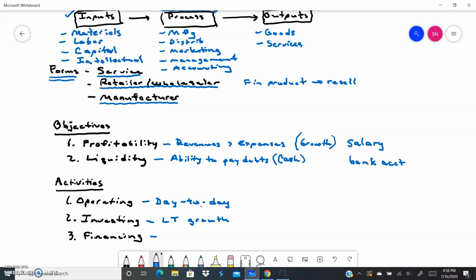Financing is another activity. How am I going to pay for these things? Do I need to borrow money? Do I need to issue more stock? So, where's the cash coming from that's going to fund these? And again, all these are interrelated. And so that's very important in terms of what the company is trying to accomplish.